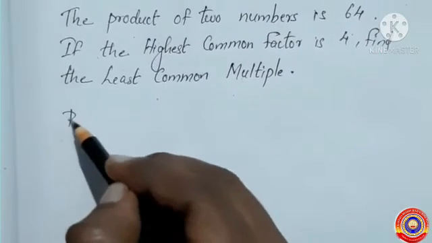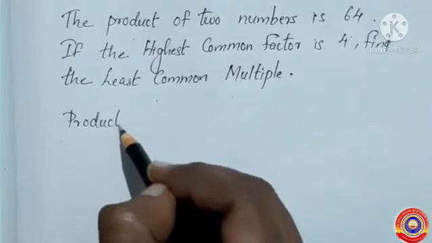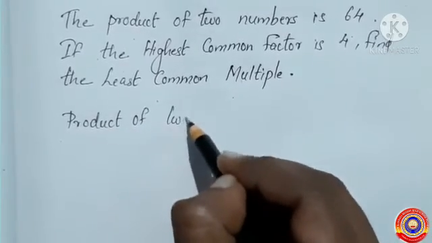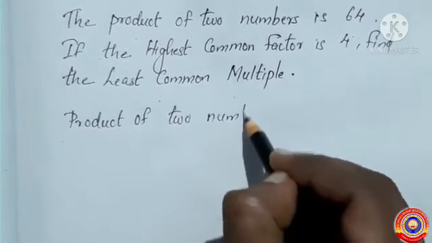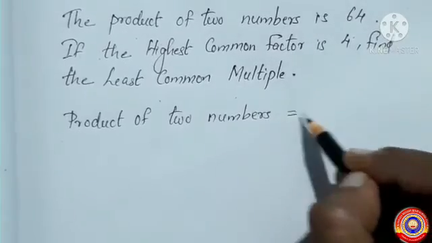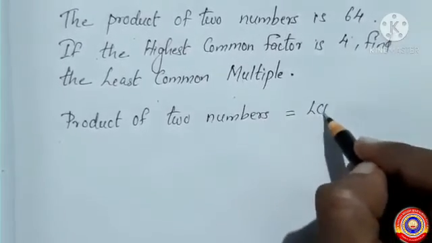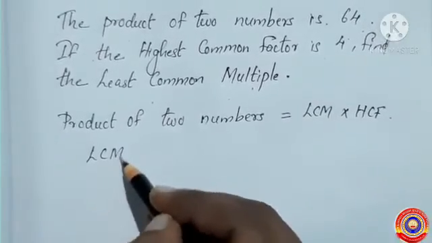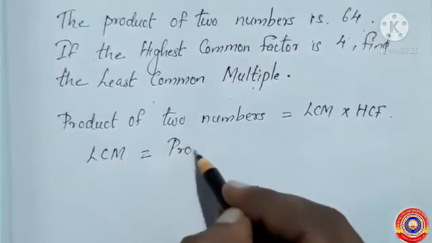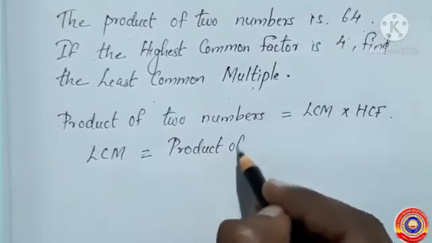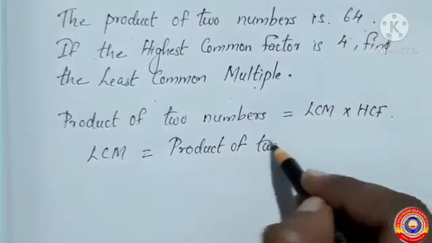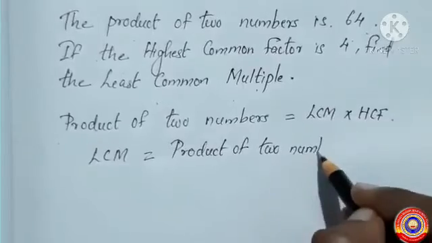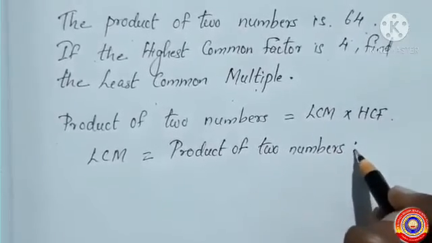We learned that the product of two numbers is equal to the product of their LCM and HCF. Then how will you find out the LCM? LCM is equal to product of two numbers divided by HCF.